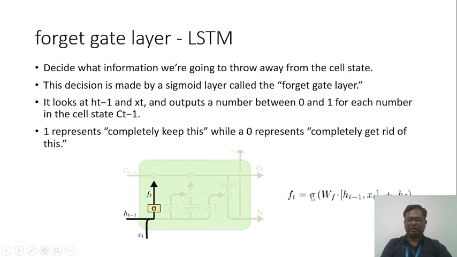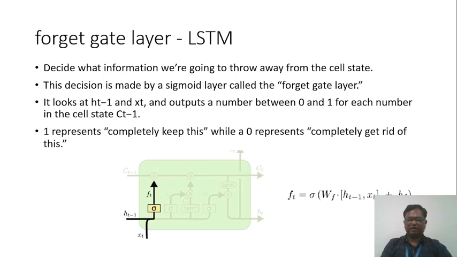So the sigmoid activation function we know, with a new weight, and with h of t minus 1 and x, your input, with bias is given. So that is given to this pointwise operation. So this pointwise operation removes some values. So the sigmoid activation range is 0 to 1. If anything has to be removed, it will be 0 or near 0. Anything to be added is 1.